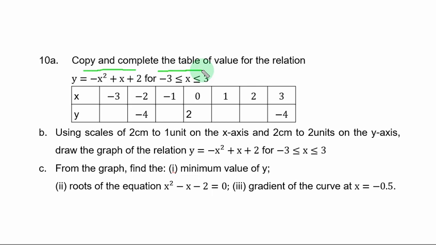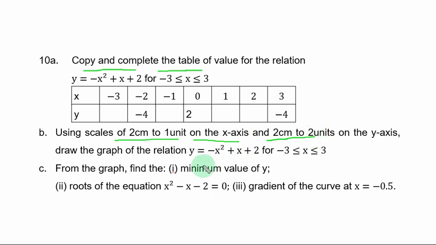You have the table of values with some missing values for y, and of course you are expected to solve for them. B part of the question: using scales of 2 cm to 1 unit on the x-axis and 2 cm to 2 units on the y-axis.